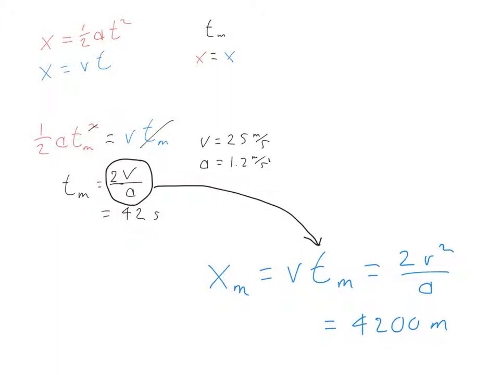Or that's about 4.2 kilometers, a little bit more than 2.5 miles. So it's going to be pretty far away from the starting line when these two cars finally meet. But as you might expect then, the accelerating car is going to be the one that ultimately outruns the one that's going at constant speed, since the one with constant acceleration will be continuing to go faster and faster and faster indefinitely.